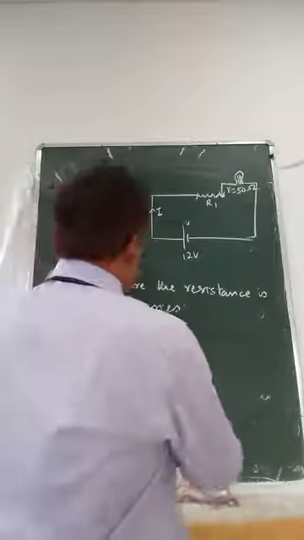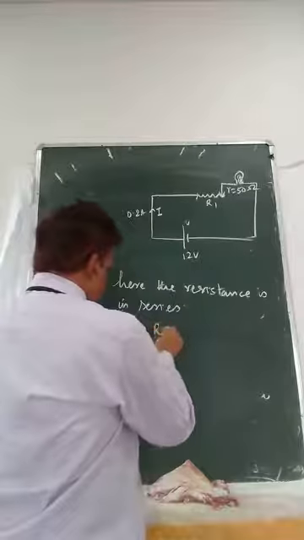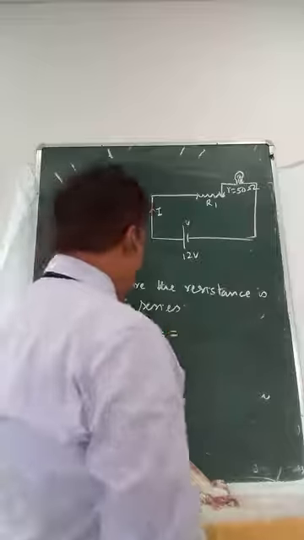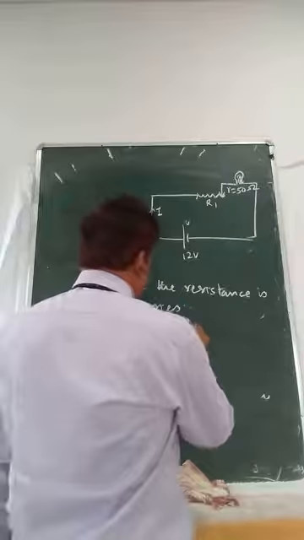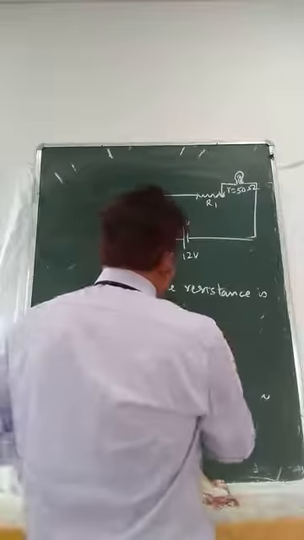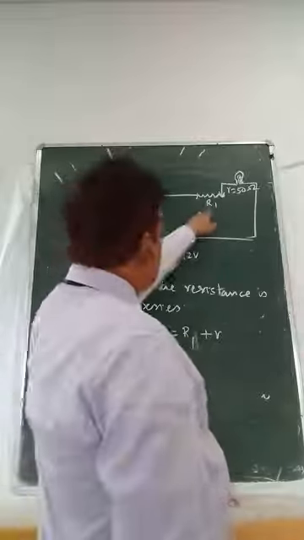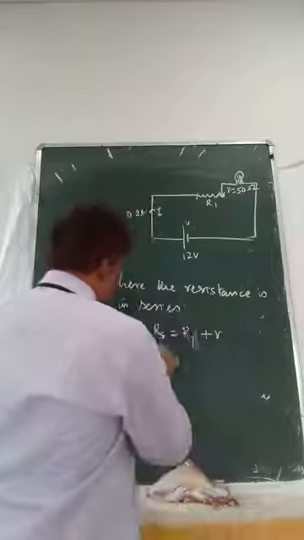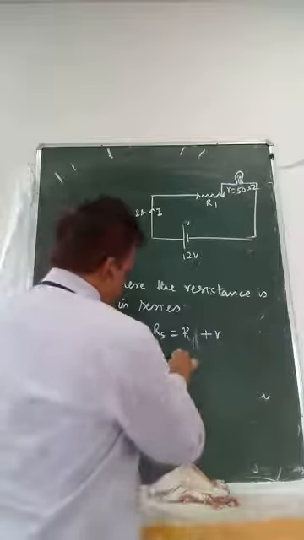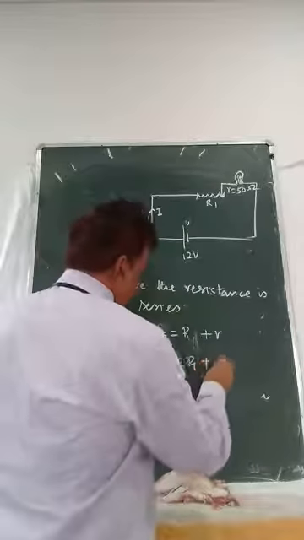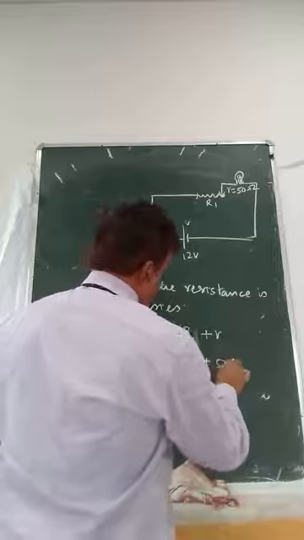The series means RS equals R1 plus R, that is R1 plus 50 ohm.